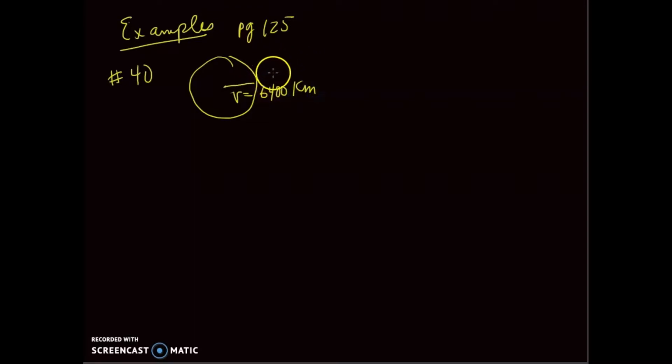They want to know the angular speed of the Earth in radians per day. The angular speed is omega in radians per day and radians per hour.